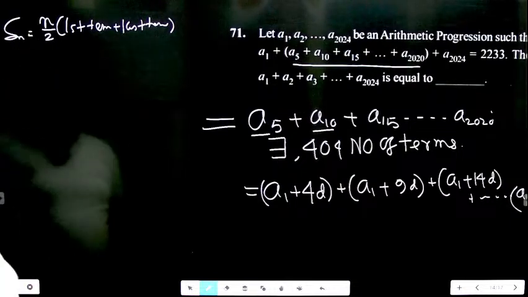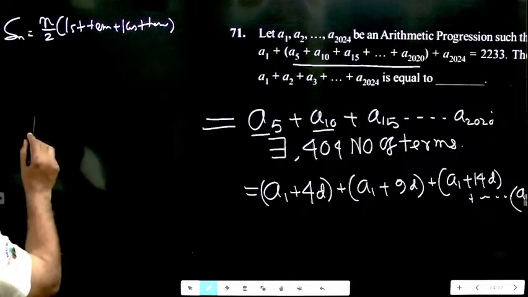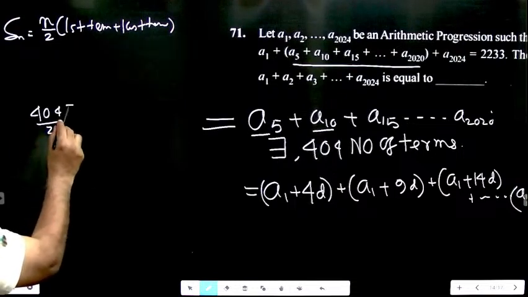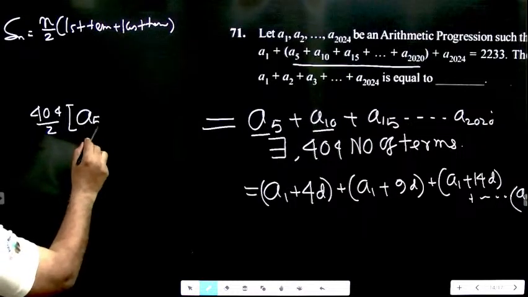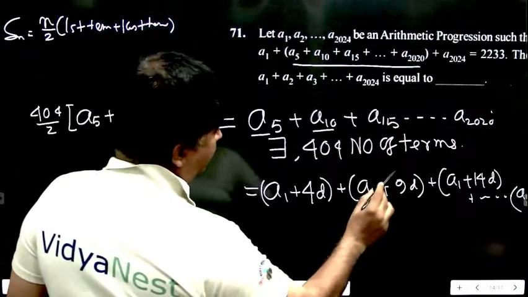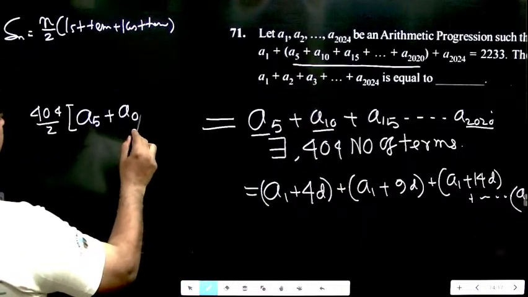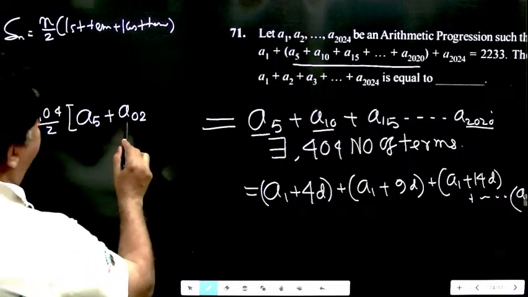Yes, sir. So its summation is 404 by 2. What is the first term? A5. And what is the last term? A2020. Sorry.